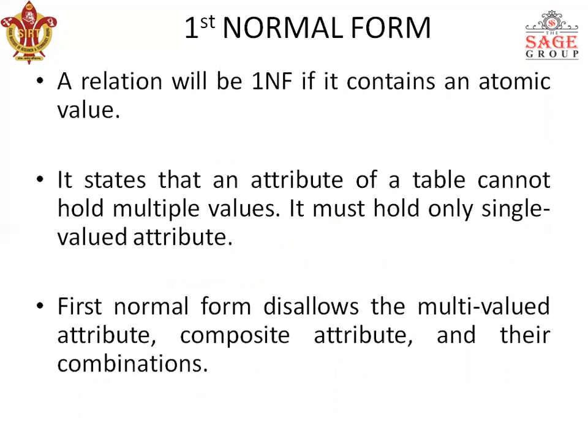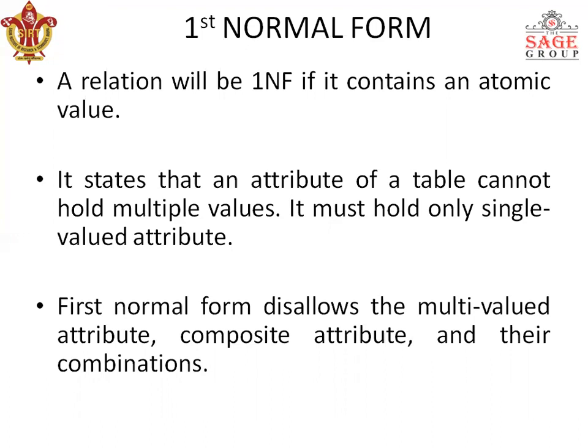It must hold only single-valued attributes. First normal form disallows multi-valued attributes. It means we do not store multiple values in the same cell, or composite attributes or multi-valued attributes and their combinations.